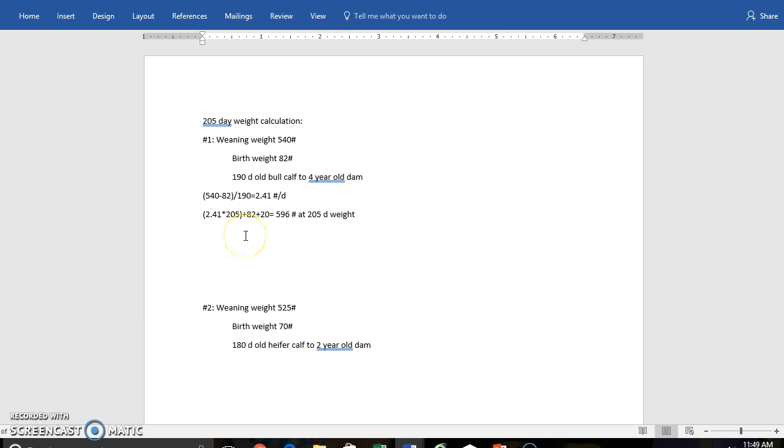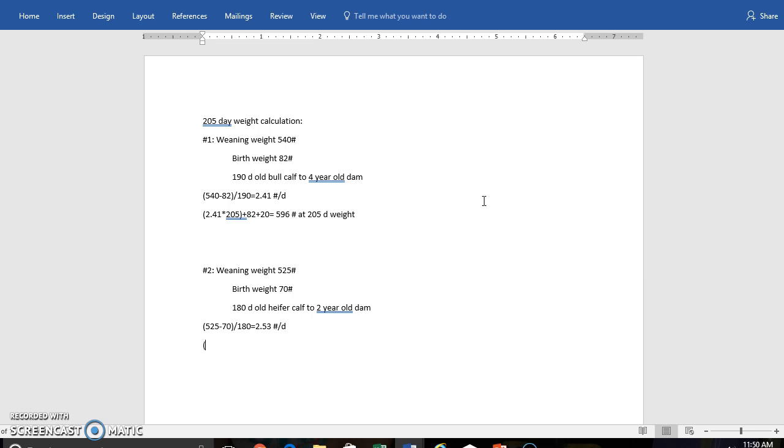If we work through another one, we have 525 minus the birth weight of 70 pounds, divided by how many days old it is, 180 days, which is equal to 2.53 pounds per day that it was alive.